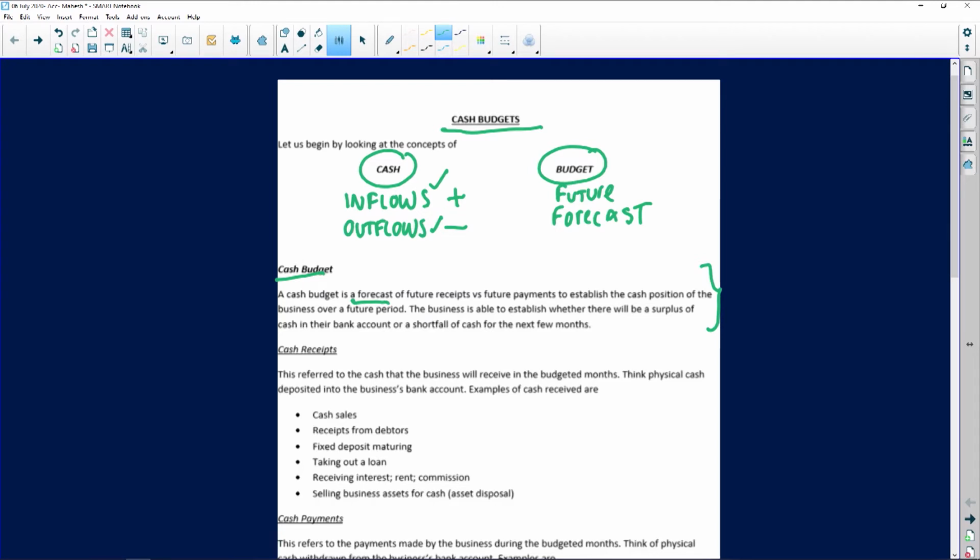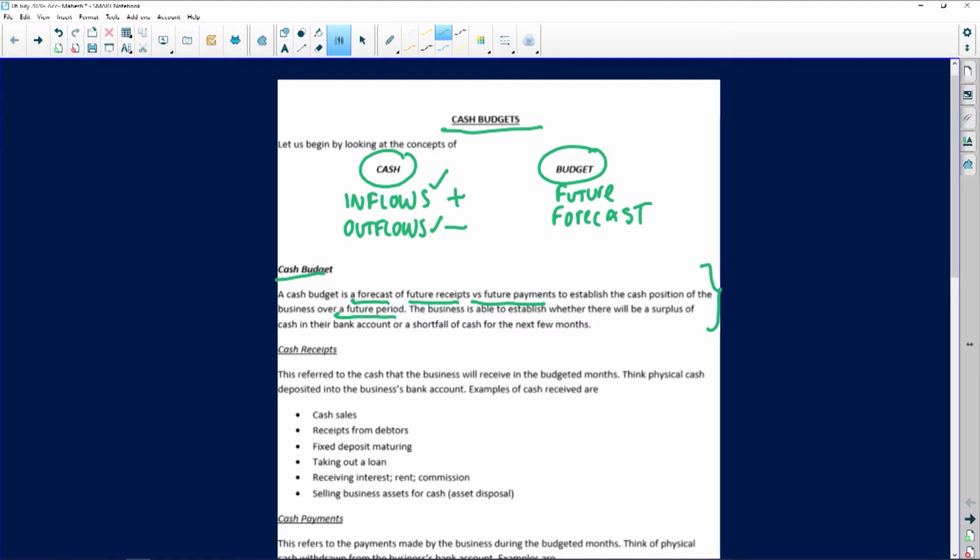Remember, we're looking into the future, of future receipts, money going into your bank account, versus future payments, to establish the cash position of a business for a future period of time.